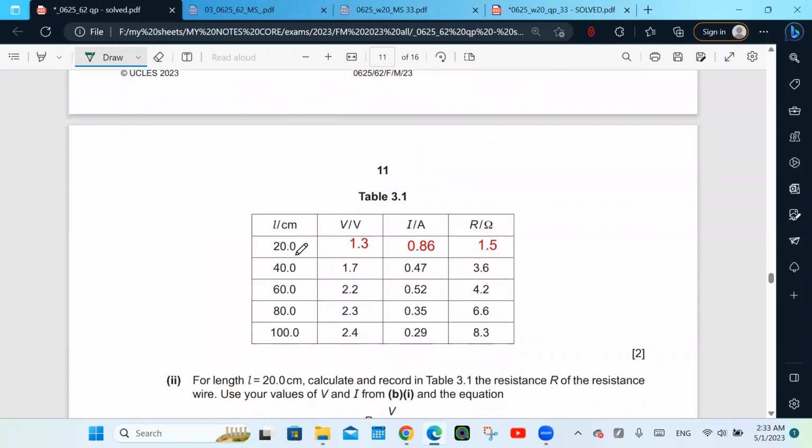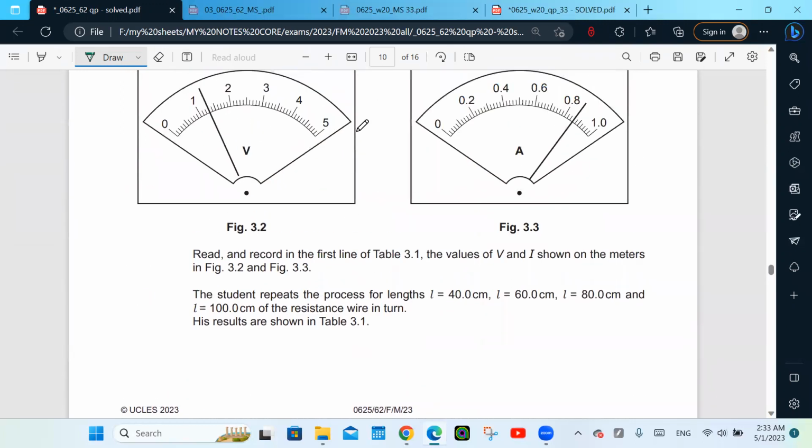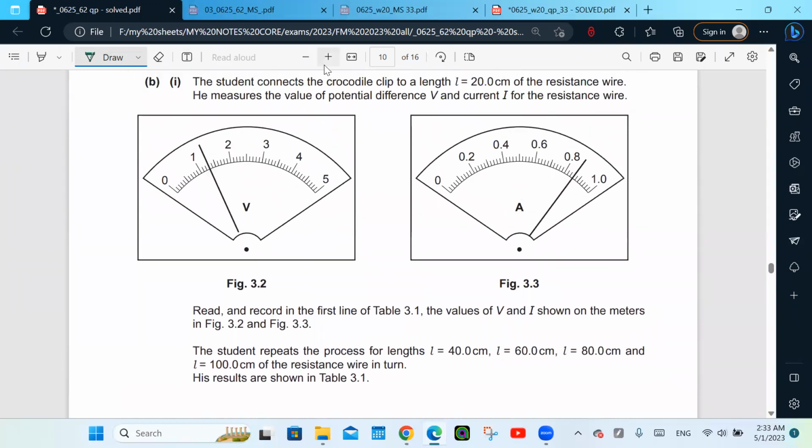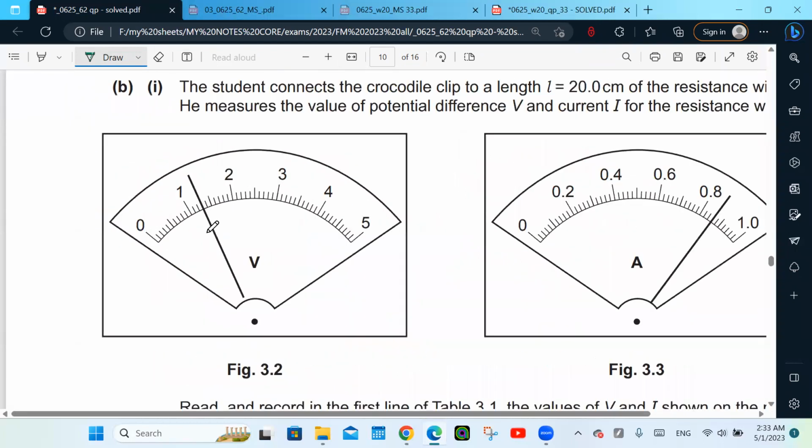When the length was 20 centimeter, the volts will be 1.3 as given in this diagram. 1.3, you can zoom in and you can see the answer. Okay, this is 0.5 and this is 1.1, 1.2, 1.3.